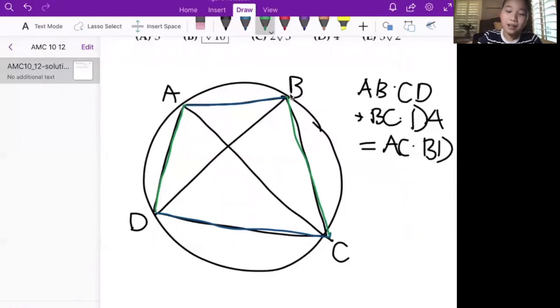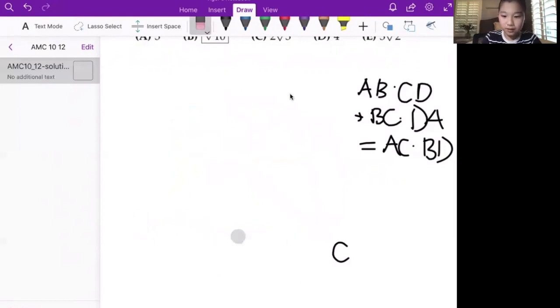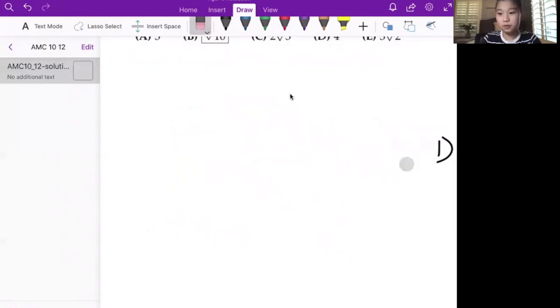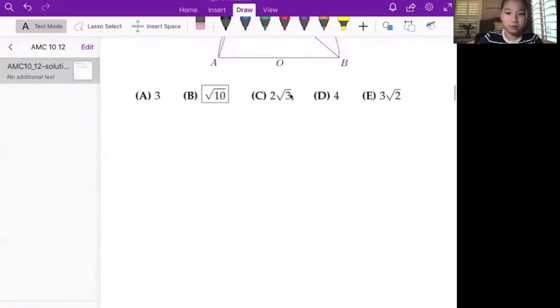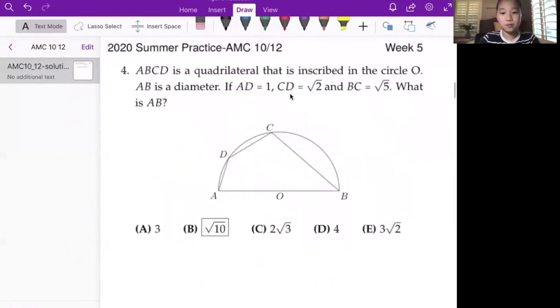So the product of the blue lines plus the product of the green lines is equal to the product of the diagonals. So the blue and green are all opposite, so that can give you a way to memorize this. This is certainly very useful, especially once you get to like AMC and stuff.